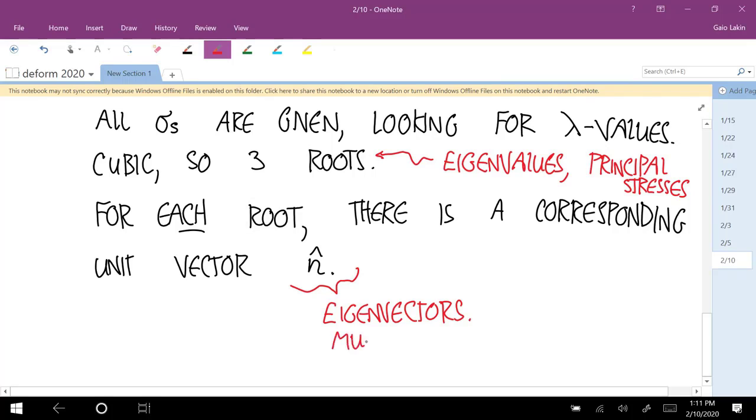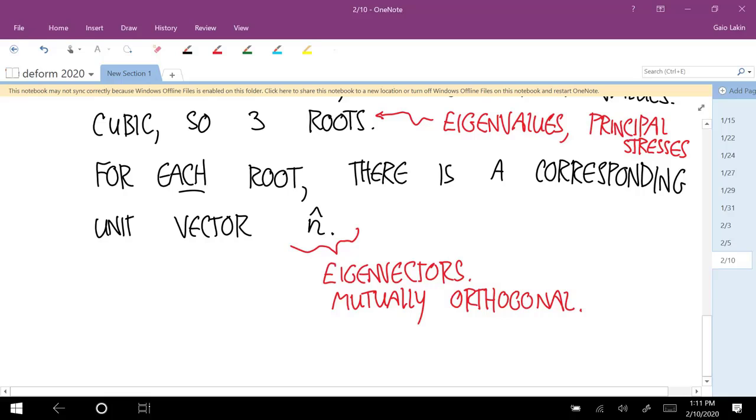They're mutually orthogonal, so they're all perpendicular to each other. And together, they tell you the coordinate system where this thing happens that we're looking for. So together, those 3 give a coordinate system with only normal stresses.